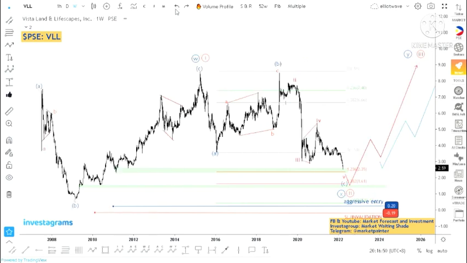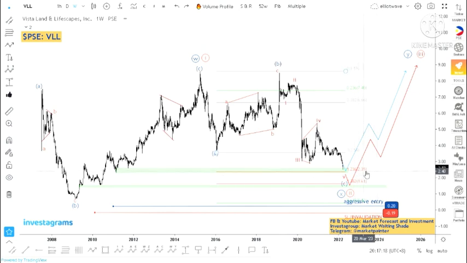Here we will now prepare our trade plan and forecast. Currently our price is heading for this level, and coincidentally it is also at the level of a significant Fibonacci 1.236 and a level of 2.35.